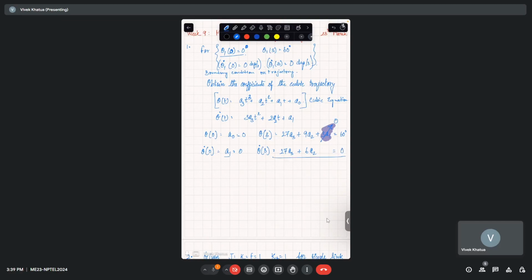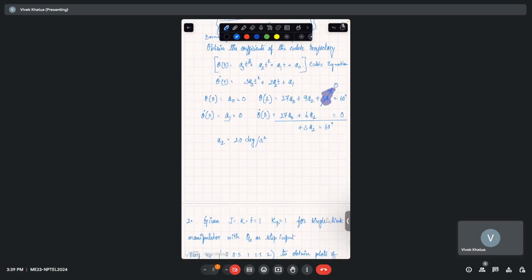So what we'll do now is just subtract this equation. You would get plus 3 a2 equal to 60 degrees, right? a2 will be equal to 20 degree per second square, right?